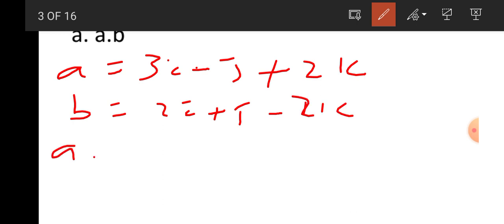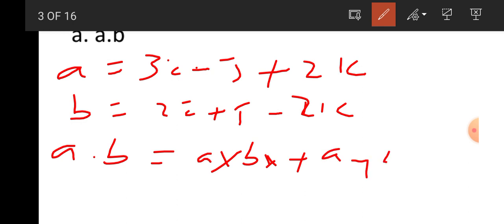A dot B is equals to ax bx plus ay by plus az bz.